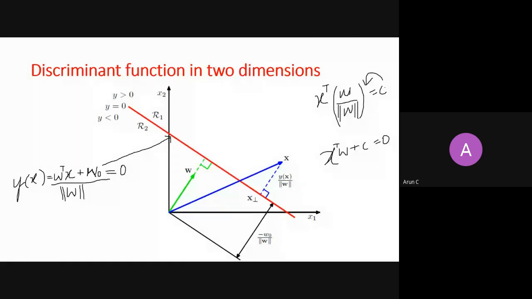Can anybody tell me now what is the distance of a hyperplane from the origin? This is a hyperplane y(x). I am interested in knowing how far my hyperplane is from the origin. W naught.